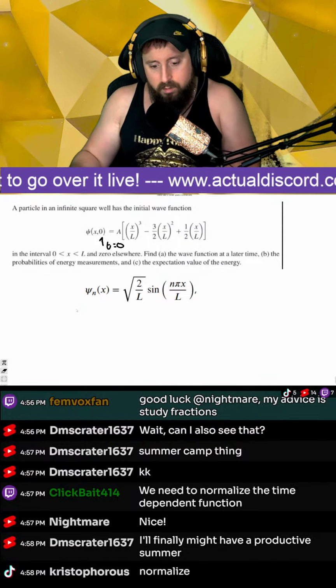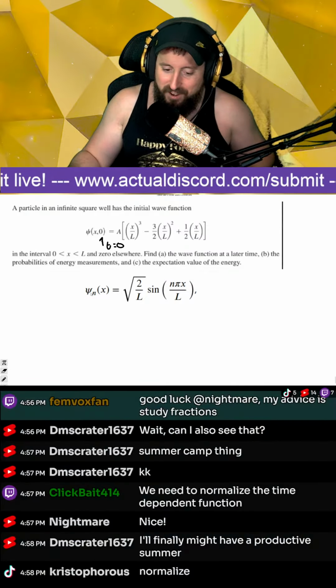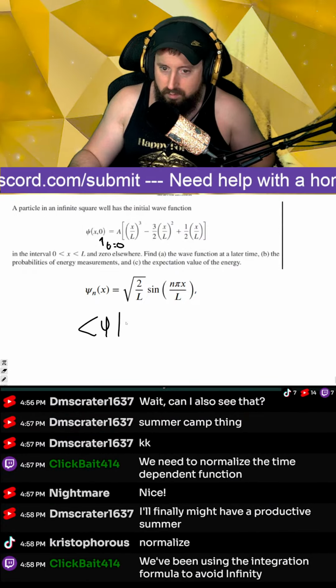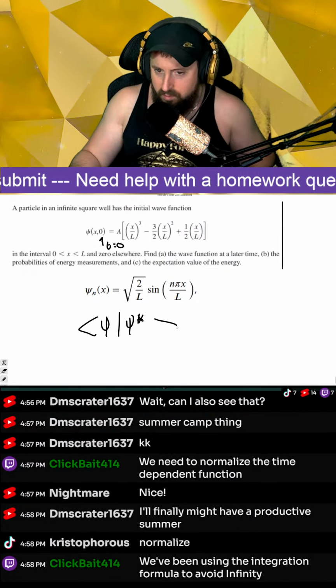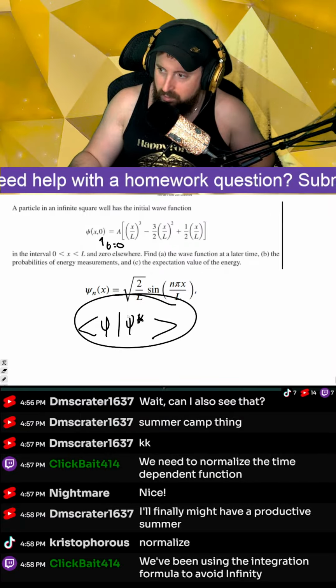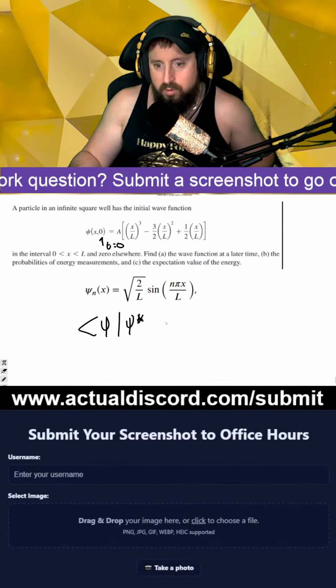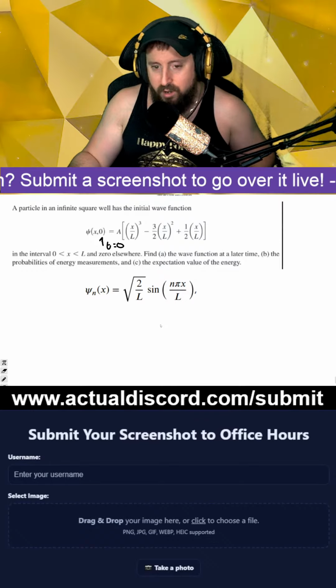Okay, cool. It's always fun because you can also do this in bra-ket notation, right? I think this is bra-ket notation, right? I think this is what it is. You've been using the integration formula. Okay, that's another way to do it.